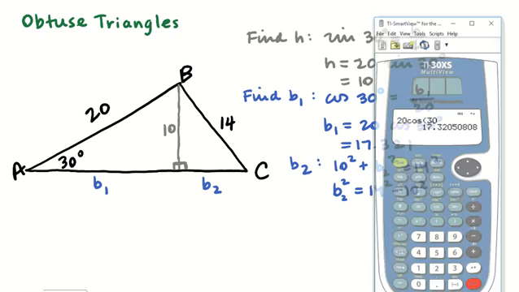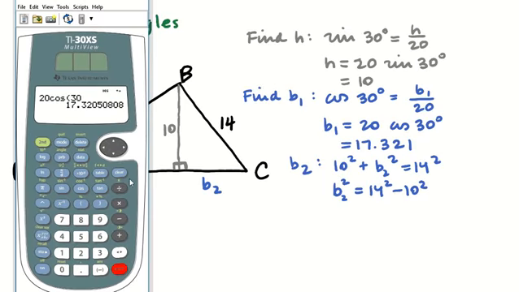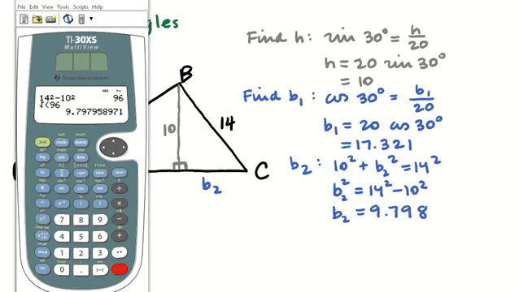That's going to be, good job for the calculator again. So I've got 14 squared minus 10 squared. That's 96. And then I'm going to need to take the square root of 96. That'll be 9.798. Okay, that's good.